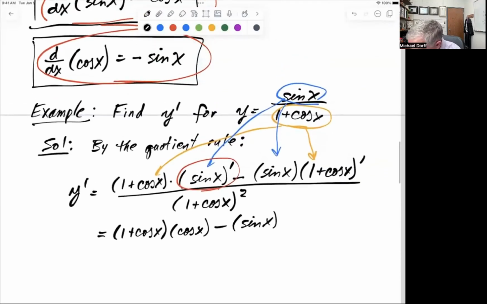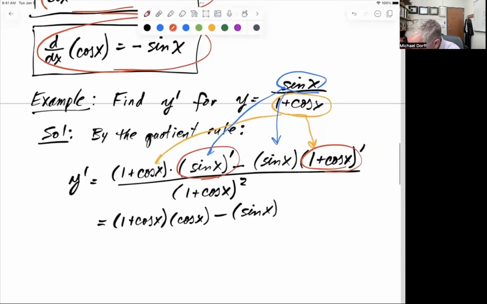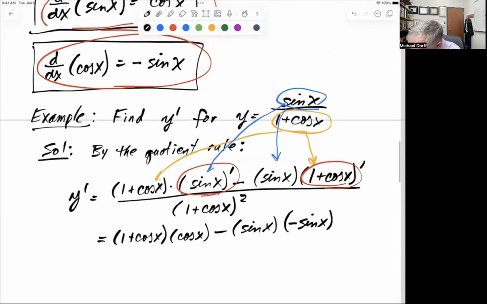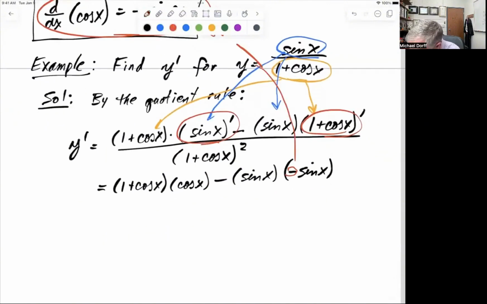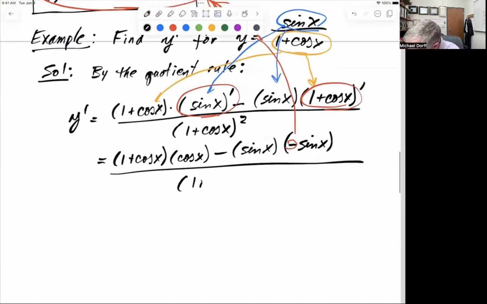And now I have the derivative of 1 plus cosine. Well, the derivative of 1 is 0. And then I have the derivative of cosine, which was negative sine x. Remember the negative sign there. That comes from up there. All right. And then we keep the denominator, 1 plus cosine x. Some people may say, should I multiply out that denominator? No need to do it right now.